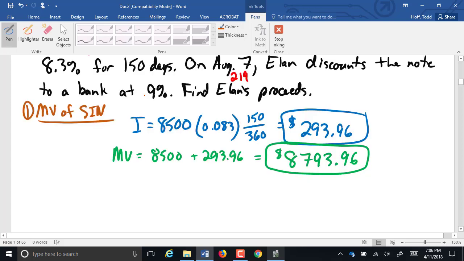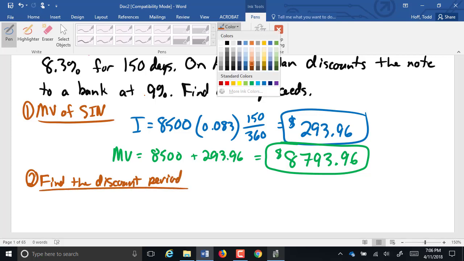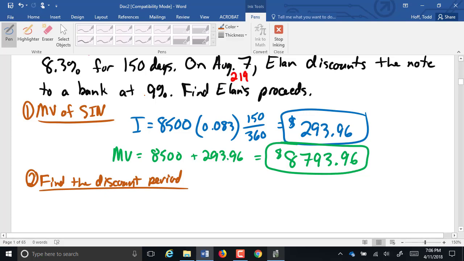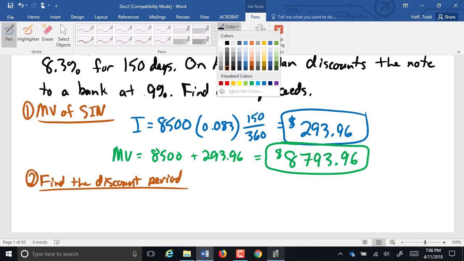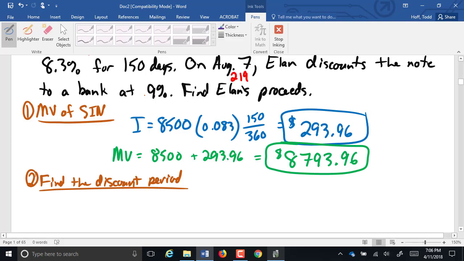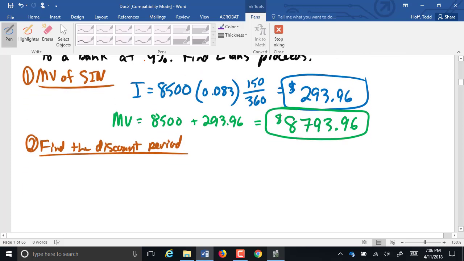Next, step 2 is still to find the discount period. And it's on this type of problem that on this step, people make a lot of mistakes. There are 3 numbers to deal with. First, because we're not given the days gone by, we have to find the days gone by.